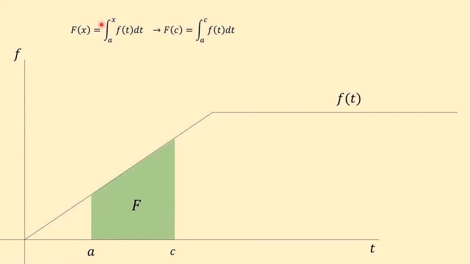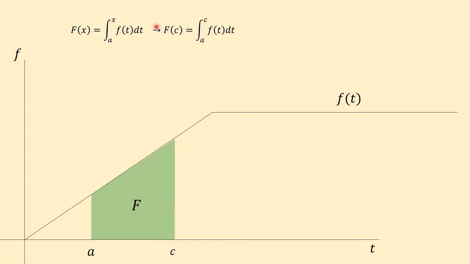Okay, what's going on in this slide? See what I just did there? Let's replace this variable x by the letter c, indicating that it's just some constant, lowercase c this time. So I'm evaluating the formula for area at this particular x coordinate. I'm calling it c. So that would be the integral of little f between a and c.